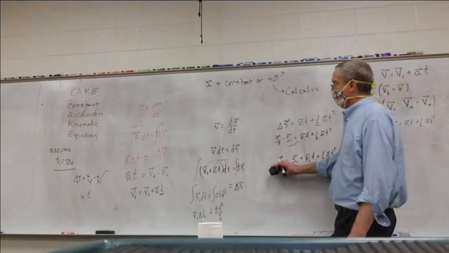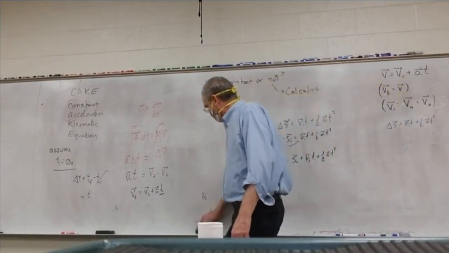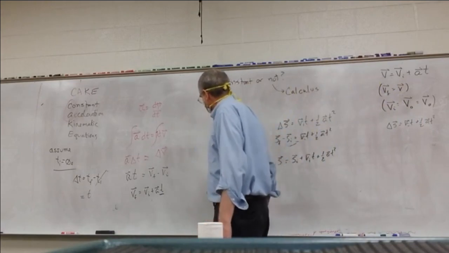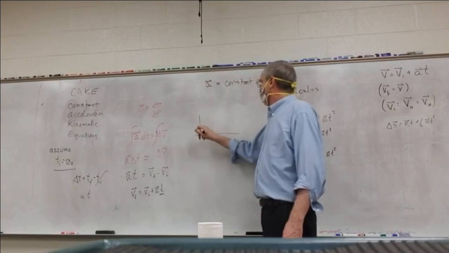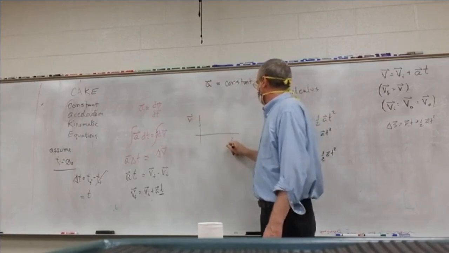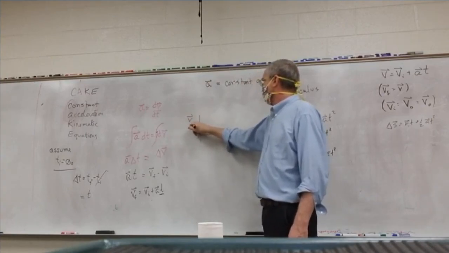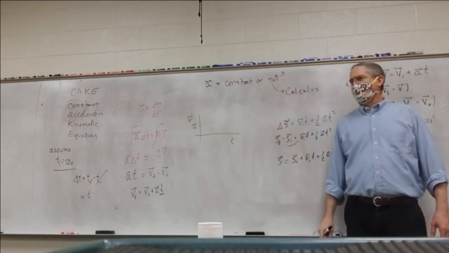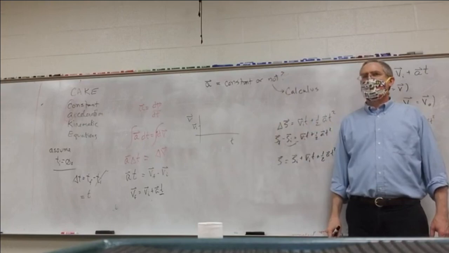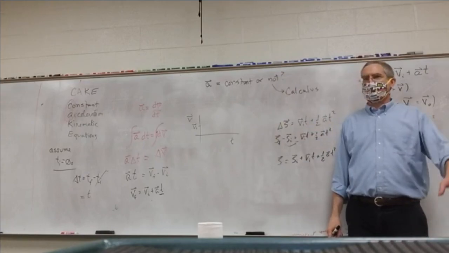All right, and so if I'm plotting velocity versus time, I have some initial velocity here. If acceleration is constant, what is this graph going to look like? I'm seeing a number of people flatlining.